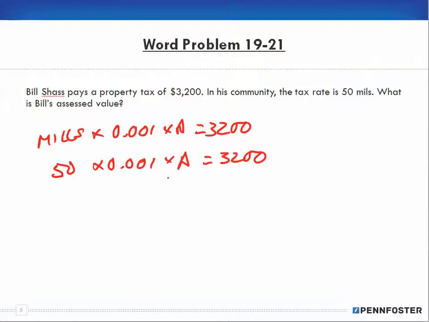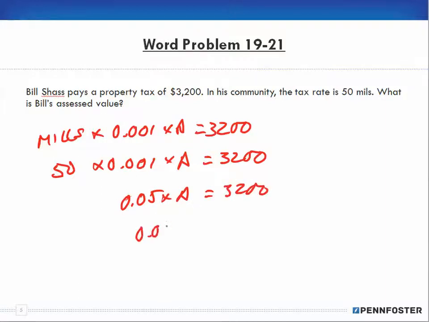Get everything on the right side here. 50 times 0.001 is 0.05 times A, and that's still equal to 3,200.